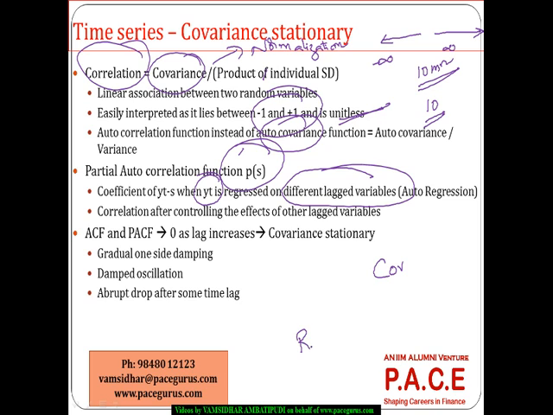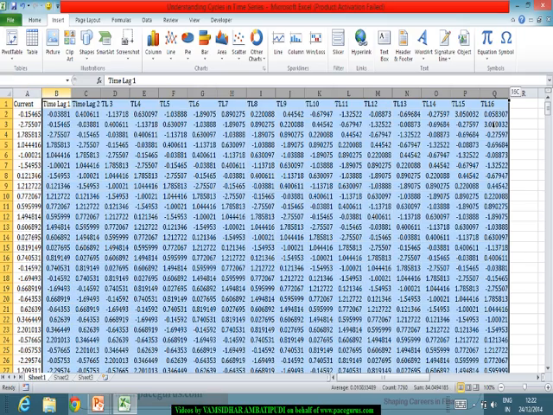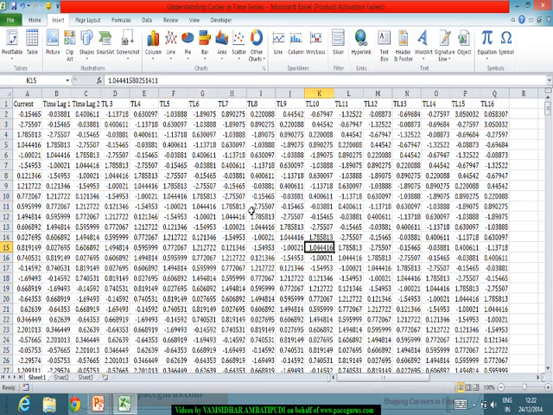This is what we call autoregression. I am trying to find the regression taking the current value as the dependent variable and all these lagged values as the independent variables.